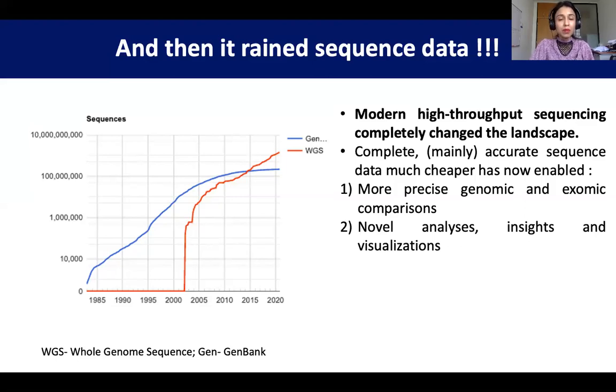And complete, accurate sequence data, much cheaper now, has enabled precise genomic and exomic comparisons, and of course, novel analysis, insights, and visualizations. Exomic means sequencing of protein coding genes only, all right? And if you're doing genomic sequencing, it means you sequence the whole thing, including introns and all those untranslated regions, right?